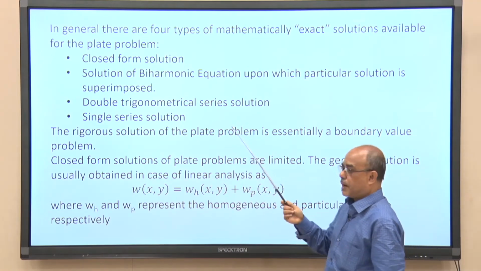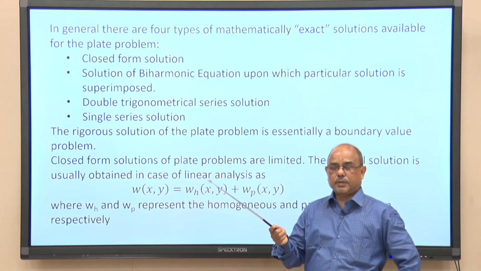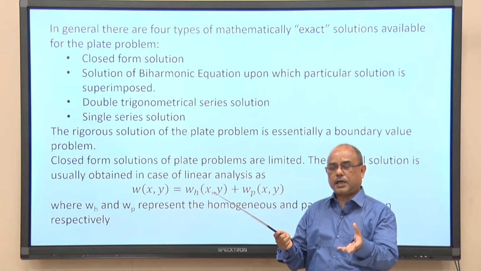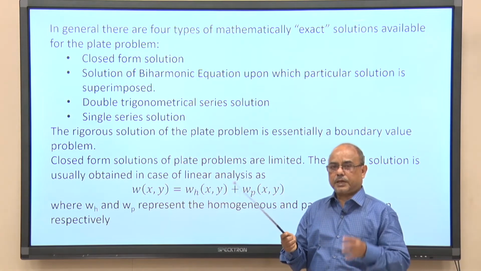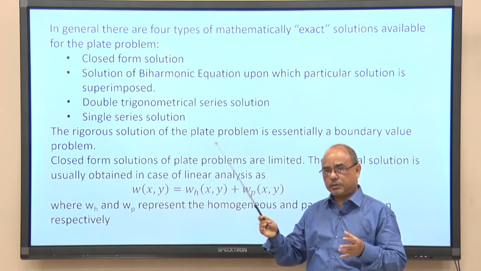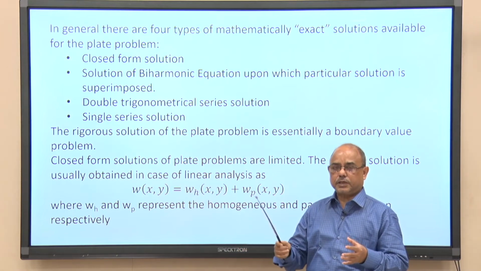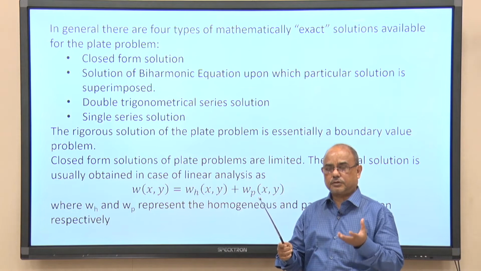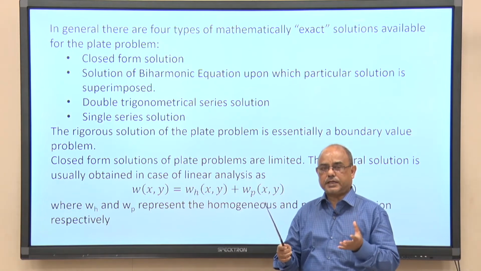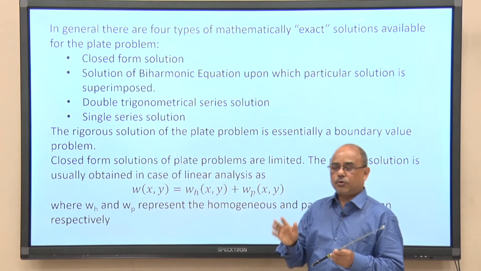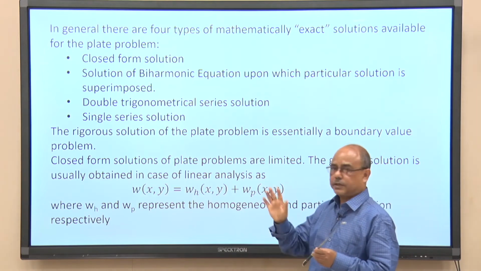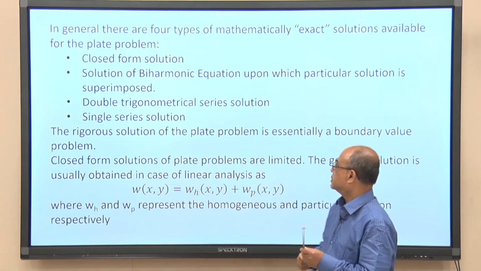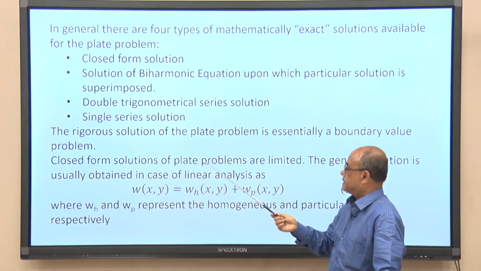Then solution of biharmonic equation, that is you get a homogeneous solution and over which the particular solution due to forcing term has to be superimposed, then only you will get the total solution or complete solution for a linear case. So, for a linear case, homogeneous solution plus particular integral due to forcing function will give you the complete solution. So, that case may also arise.